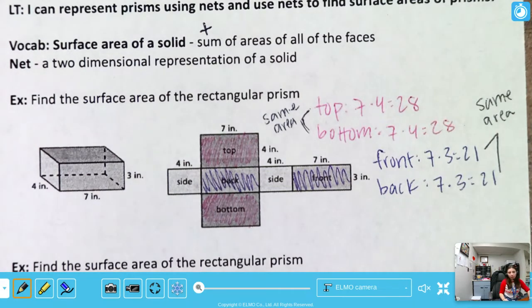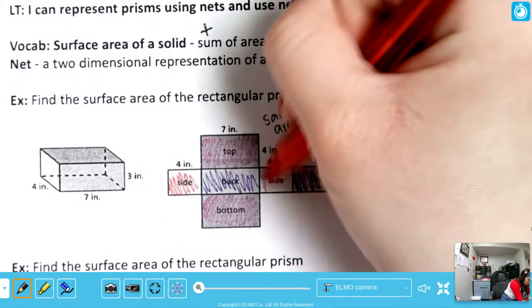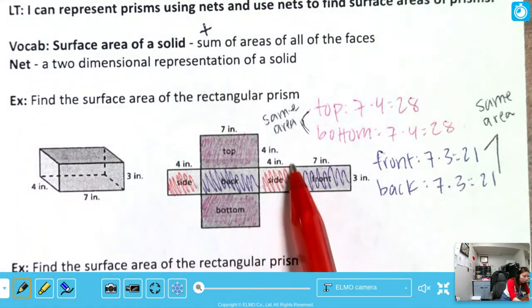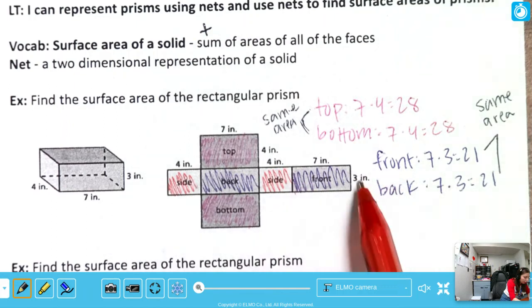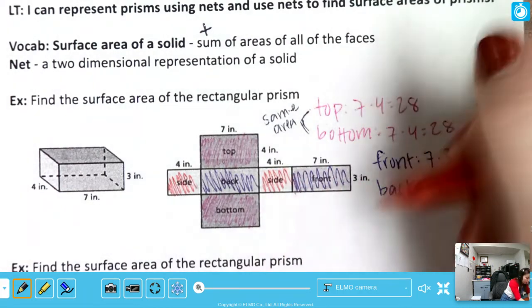Now the last two faces are each of the sides, and you guessed it, the sides are going to have the exact same area as well. So I'm coloring them in the same color. Now this one, you may have a more difficult time deciding on its length and its width because you can see its length is 4 inches, but you may wonder, what's the width? It's not labeled there. Well, remember, in a rectangle, opposite sides are the same. So if this side is 3, so is this side. So its length and width are 4 and 3.